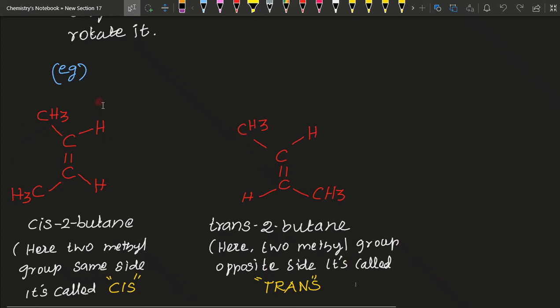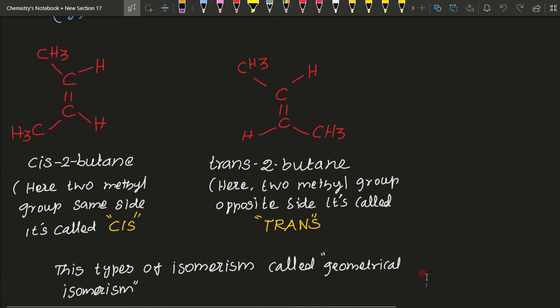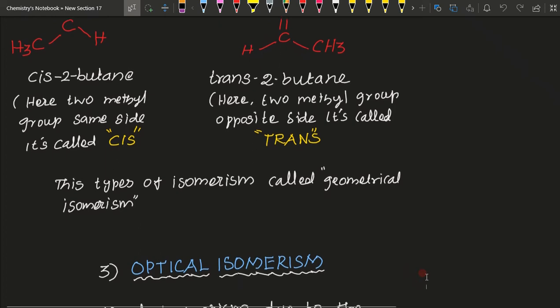This is cis isomerism, this is trans isomerism. These two types of isomerism are called geometrical isomerism.